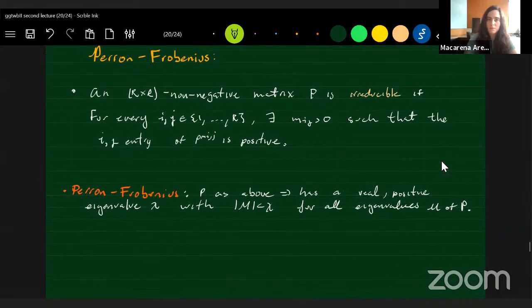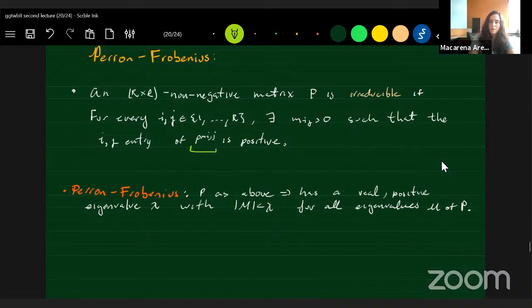Okay, so let me remind you, a non-negative matrix is irreducible if for every entry in the matrix there is a natural number such that the matrix to that power is positive.